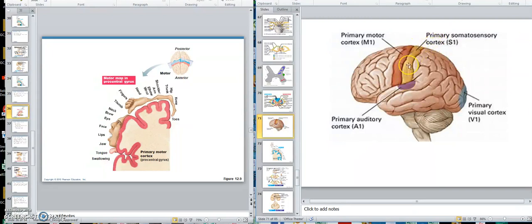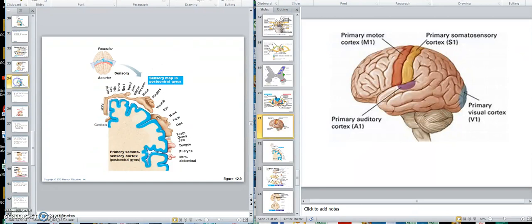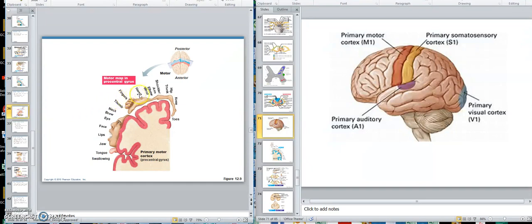That was that strip at the back, which we call the postcentral gyrus. That's sensory. Now I'm talking about this strip in the front. And right here's a sulcus. So right here's the primary motor cortex.